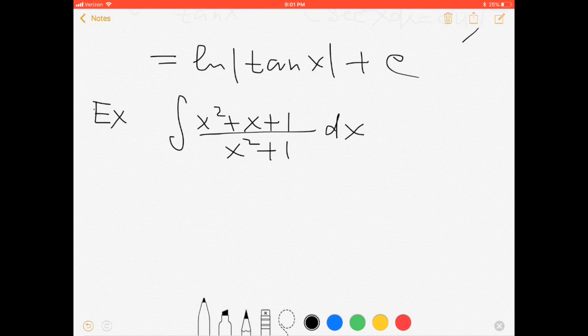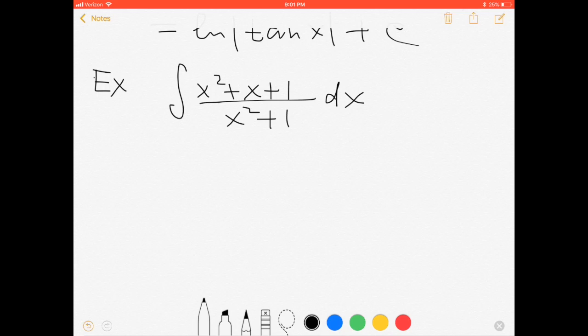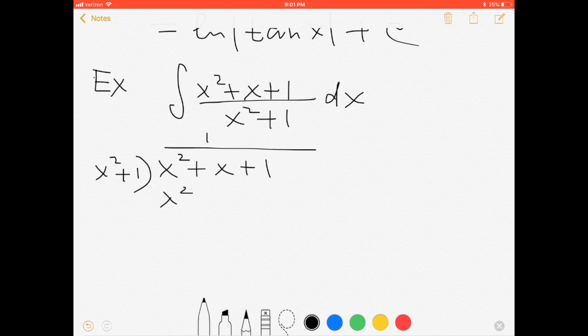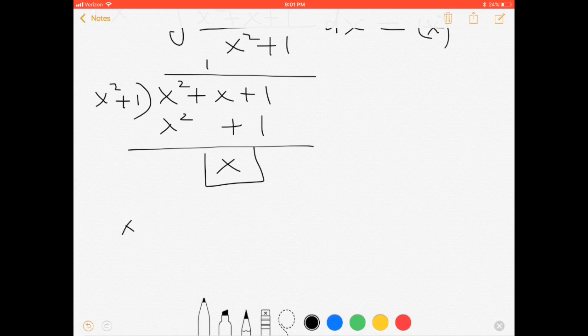Here you need to remember long division, because we can divide our numerator by our denominator. Dividing by x squared plus 1, the result is 1. It gives me x squared plus 1. Subtract, and we have x as the remainder. This means my integral, I write star here, and I continue there.